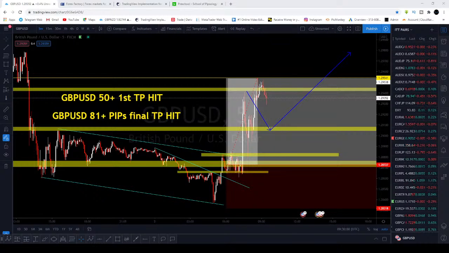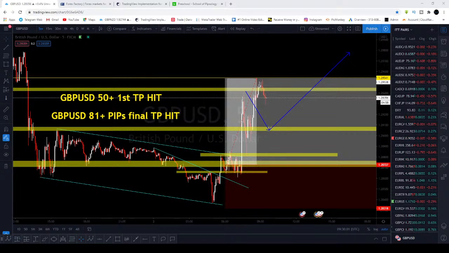I may trade USDCHF as well. So you know that if USD is weak, USDCHF is going to buy. If USD is weak, EURUSD is going to sell. So yeah, those are the two pairs that I might trade.